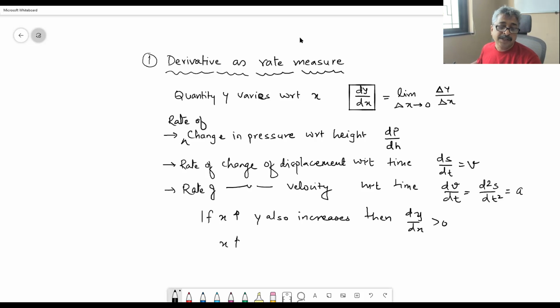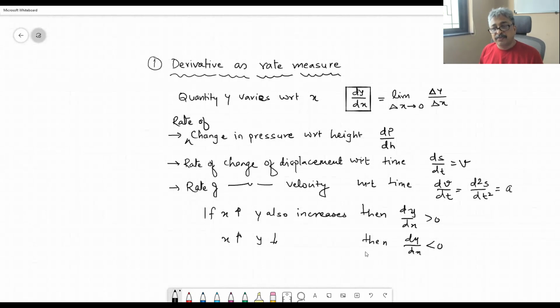If x increases, y decreases, then we should assign the sign to dy by dx as less than 0.